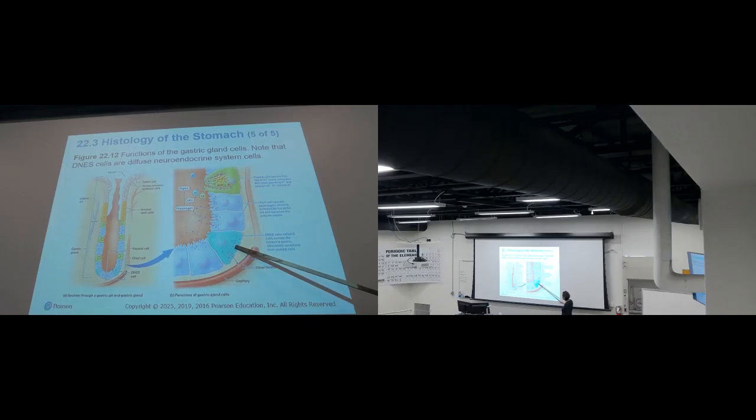This gastrin helps to stimulate the parietal cells, which are these, to form hydrochloric acid, or HCl. So gastrin, which is produced by these G cells, helps the parietal cells to produce hydrochloric acid.